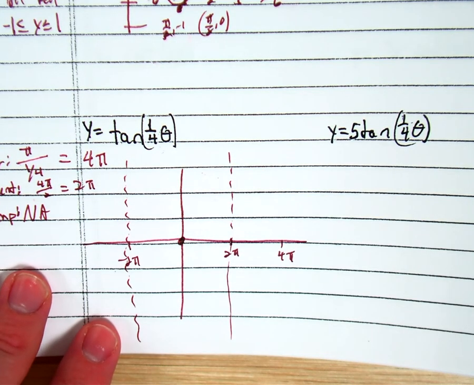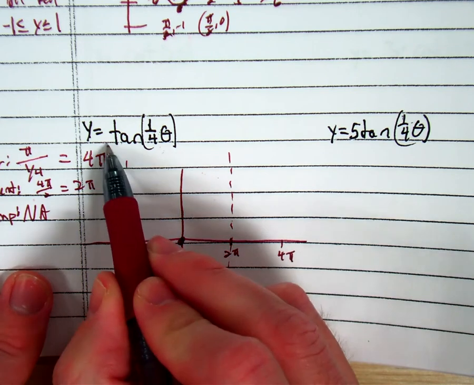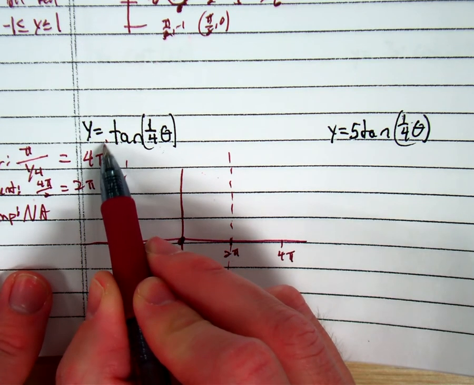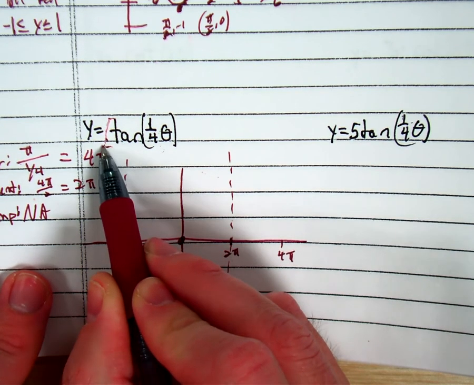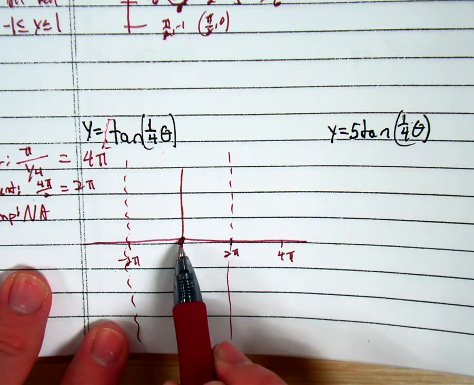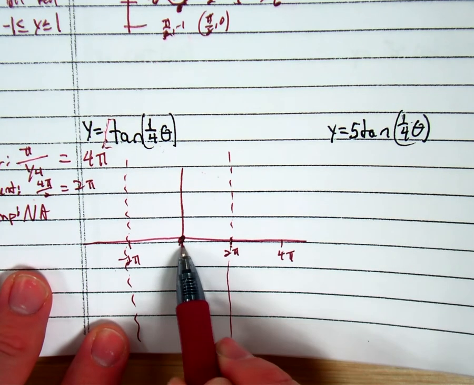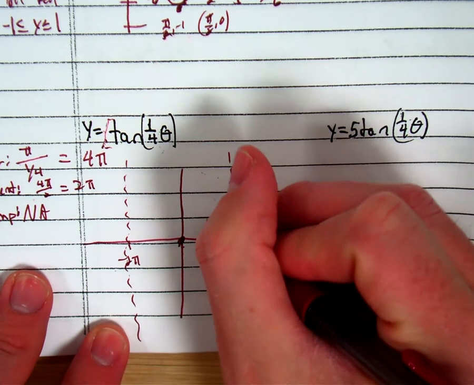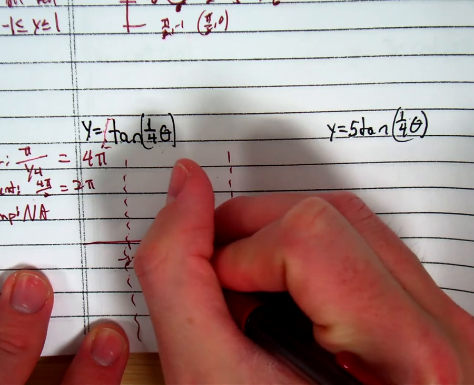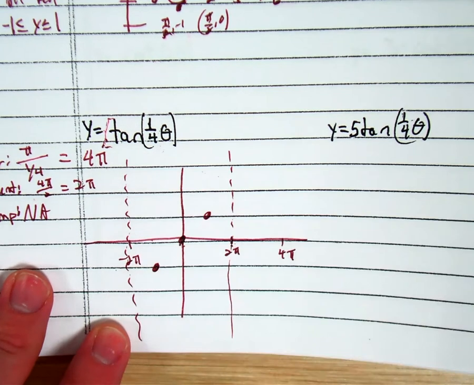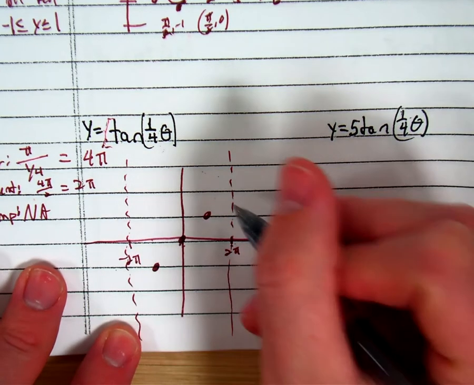Okay. Next, we have our amplitude that we don't really use, but we kind of use. There's really like a 1 right here. So halfway between 0 and my asymptote, I'm at 1. And on this side, I'm going to be at negative 1. And it's not just a straight line.